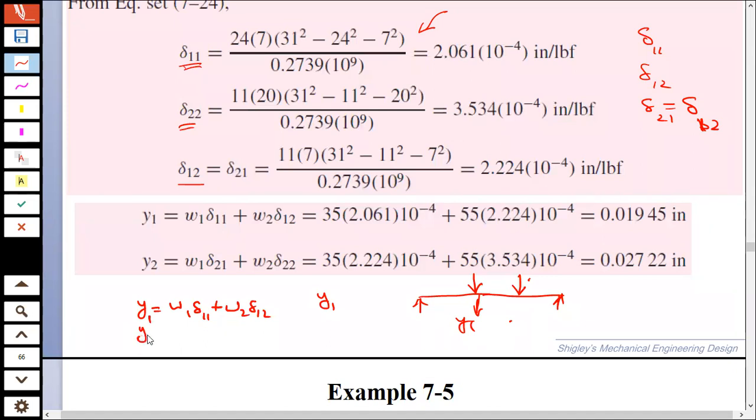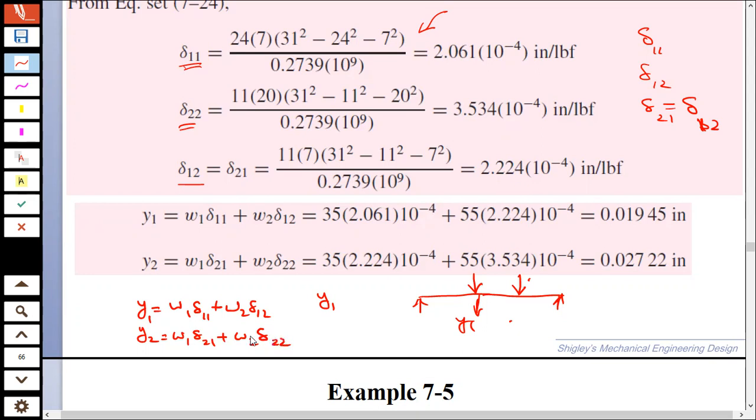Similarly, for your y2, you will have two equations over here. In the previous case that we just looked at, for the analytical solution, we considered three loads. But in this problem, we have two loads, so we'll have w1 delta 2 1 plus w2 delta 2 2.